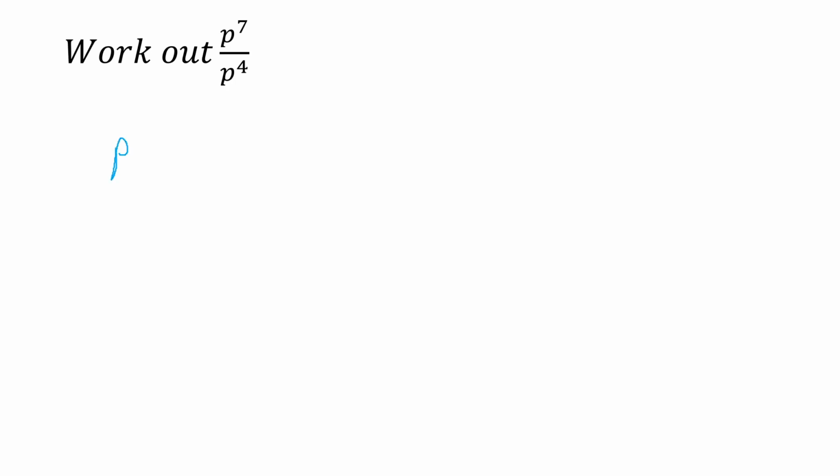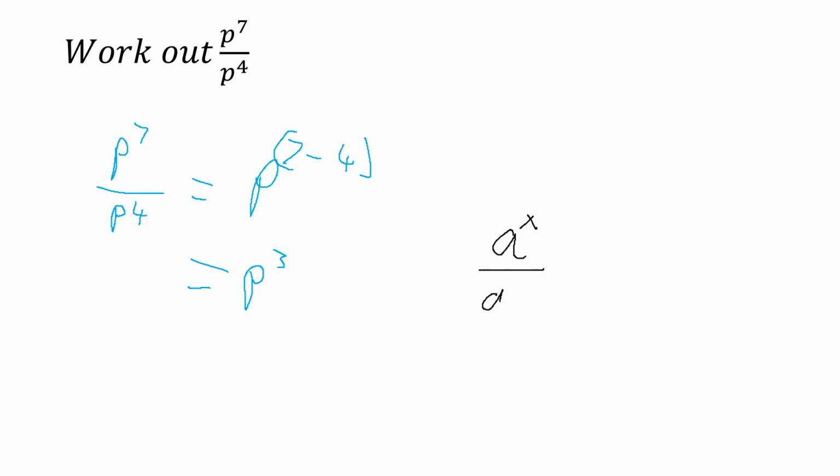So P to the 7 divided by P to the 4 is the same as P to the 7 minus 4, which is just going to be P cubed. Remember, and here's a rule you can write down: a to the x divided by a to the y is equal to a to the power of x minus y.